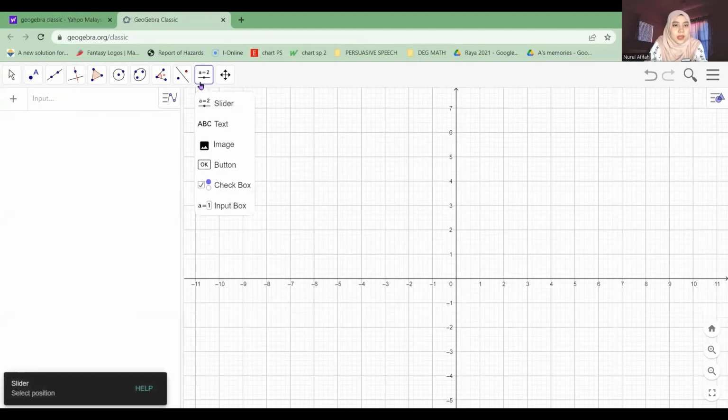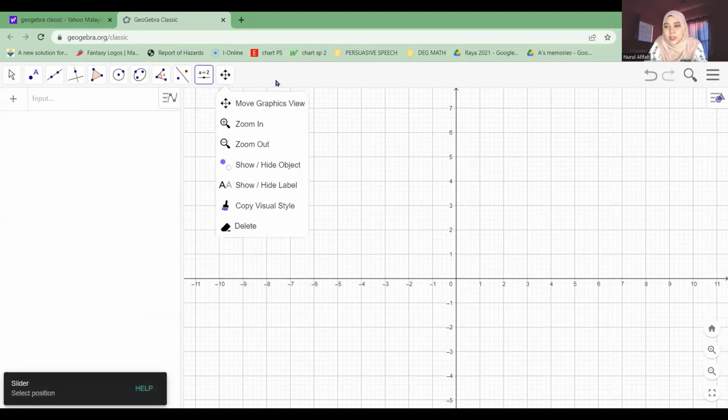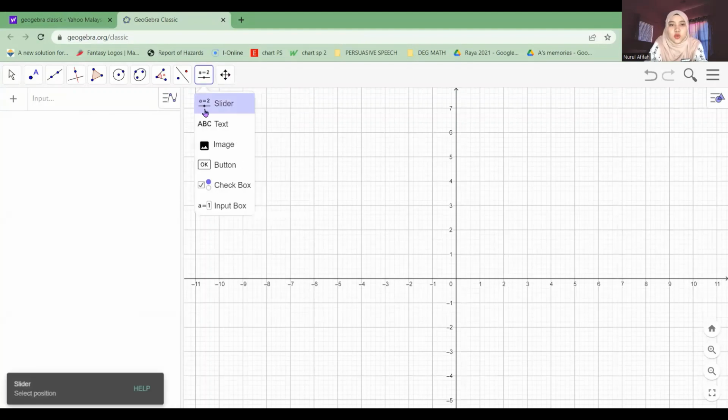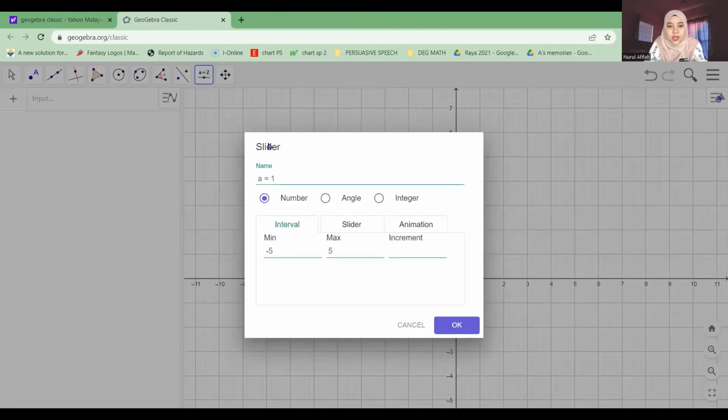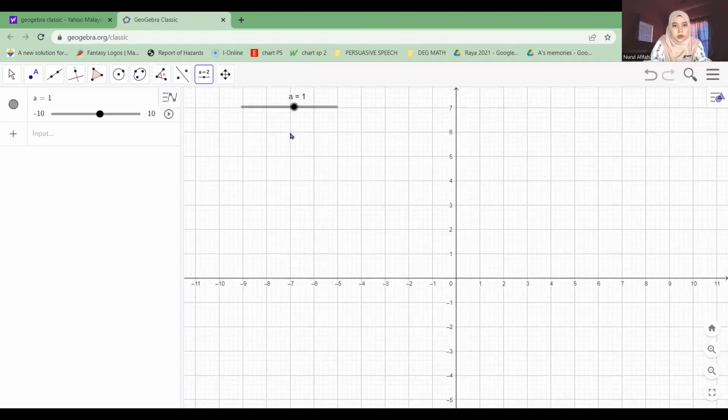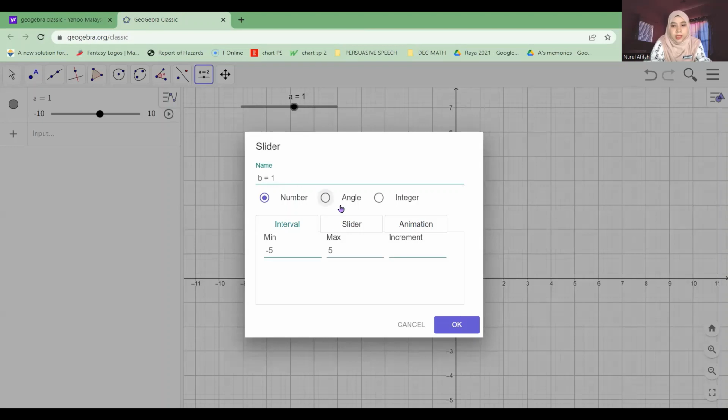Yes? Okay. The first thing you must do is add the slider. We have three sliders. The first slider is a. The minimum is -10 and the maximum is 10. And increment is 1. Same goes to the next slider, b.